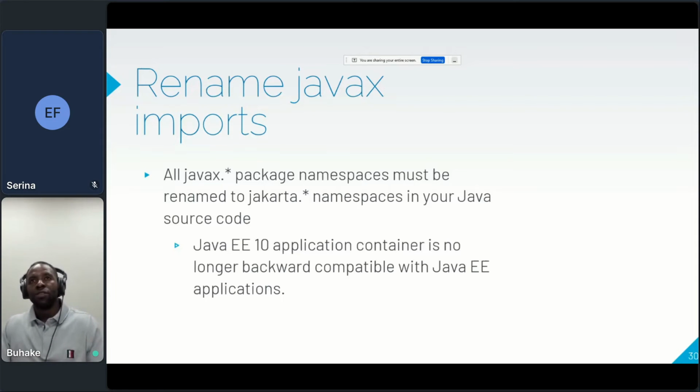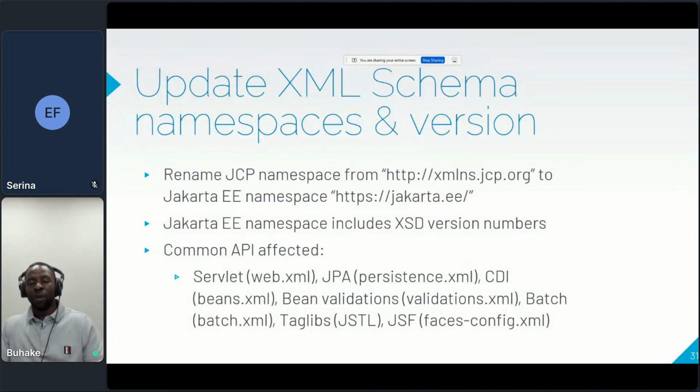And for those that still have XML files, your XML namespaces will have to change. Where you had your XML namespace with jcp.org, you need to change it to jakarta.ee. So the namespaces that were prefixed with jcp.org, just change them to jakarta.ee, and the suffix later is exactly the same.